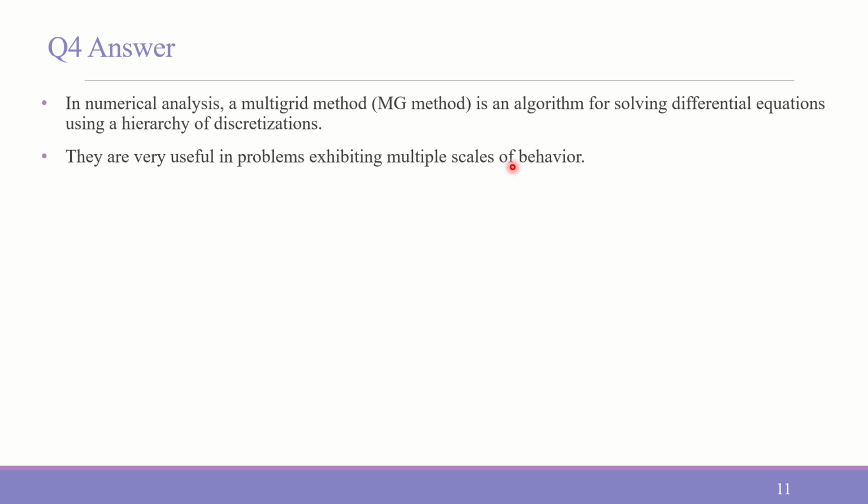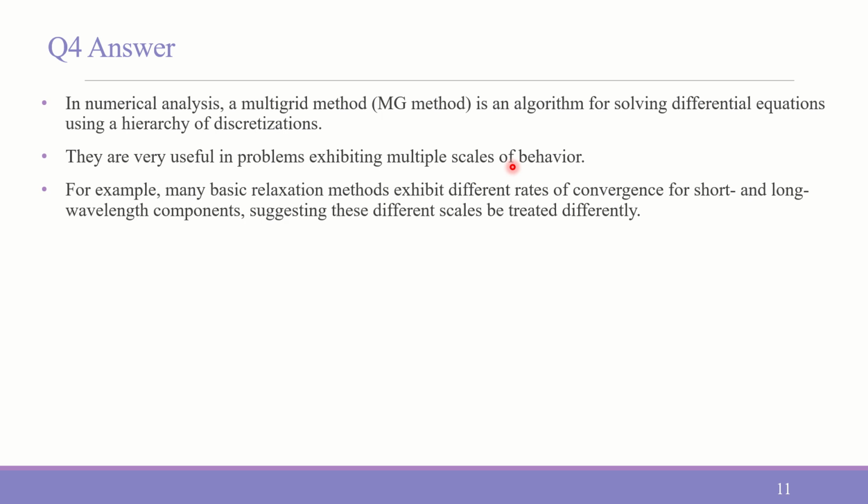So why are we going with multigrids? We are going with multigrids because we need to damp the errors. Some problems will give you a scale of errors, a range of errors behaving differently. So in those cases, multigrid method will be useful.